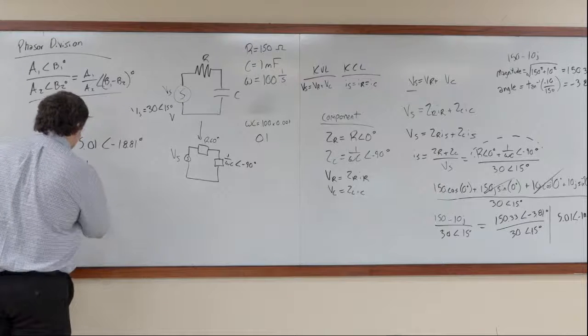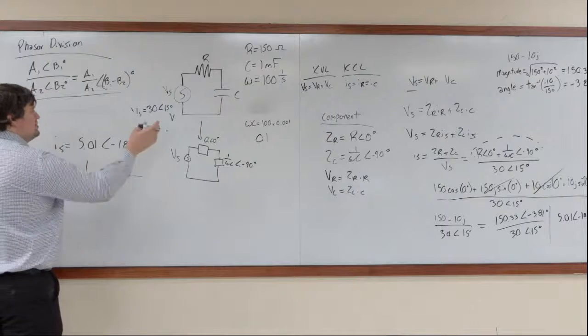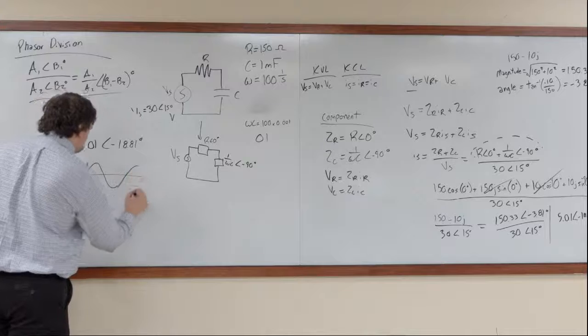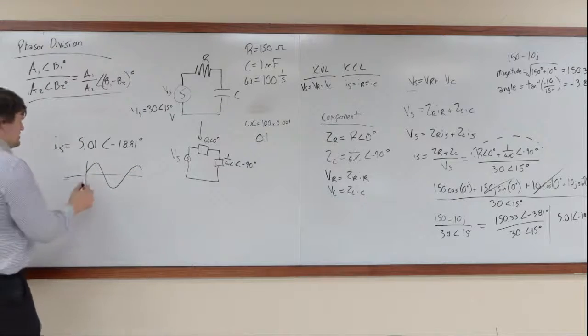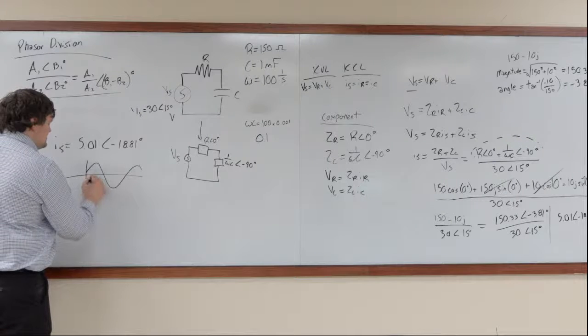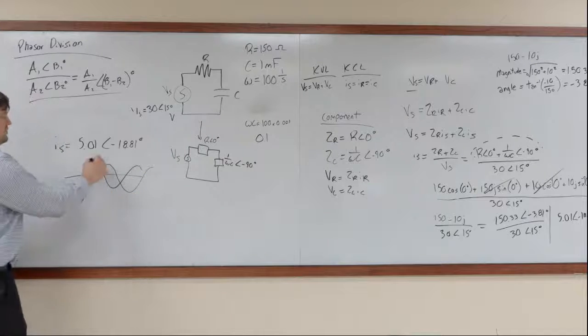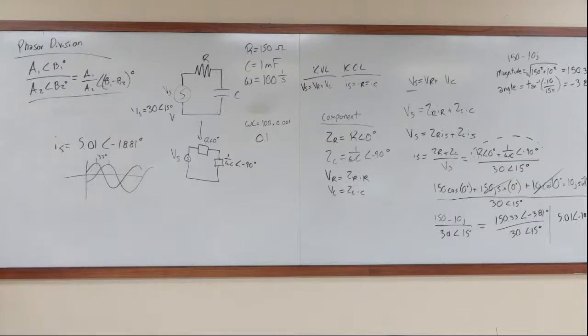So if I plot out VS, VS is plus 15 degrees, which means it's going to start a little bit up on the sine curve. Meanwhile, the current is minus 33 degrees, which means it's going to show up like this, where this distance here is 33 degrees. That is not to scale, by the way. Does that make sense? We did all that math just to find that value.